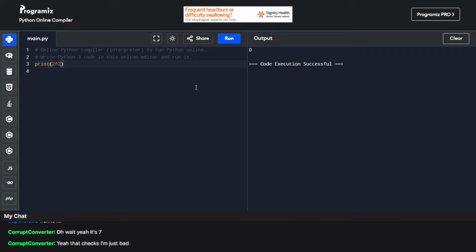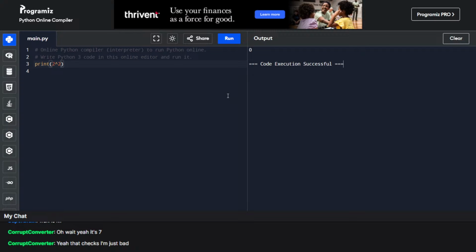I don't get this. Corrupt Converter says oh wait, yes it's 7. Wait, is this caret thing not an exponent? Corrupt Converter says I miscounted. What is this? What am I looking at? Why is this happening? It's a bitwise... Superbrain says very good. What's a bitwise operation? I'm so confused right now.